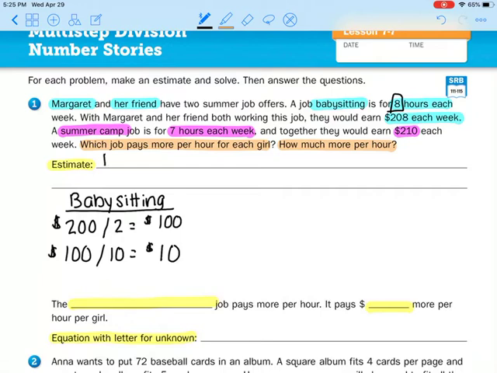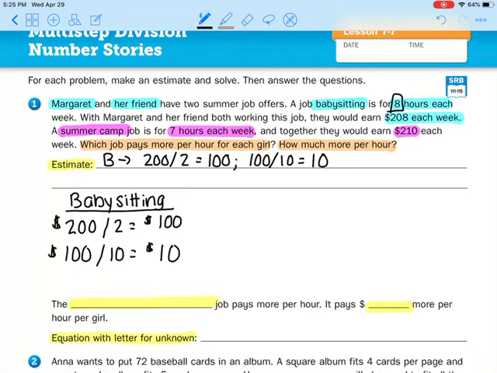I'm going to write B for babysitting with an arrow, and I'm going to do the $200 divided by 2 equals $100, and then I'm going to separate it with a semicolon. Now I'm going to figure out how much per hour. So if they got $100 for the week they worked, and they only worked about 10 hours, they're each making $10 an hour. That's for babysitting.